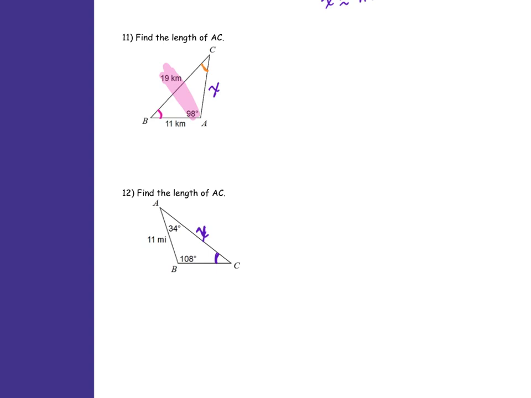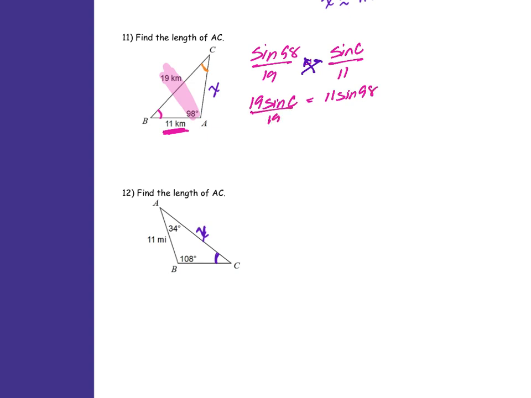So if I'm doing 11, I can say sine of 98 over 19. And the only other side I know is the side C, so I'm going to do sine of C over 11. Cross multiply, and what do I get? 19 sine of C is going to equal 11 sine of 98.